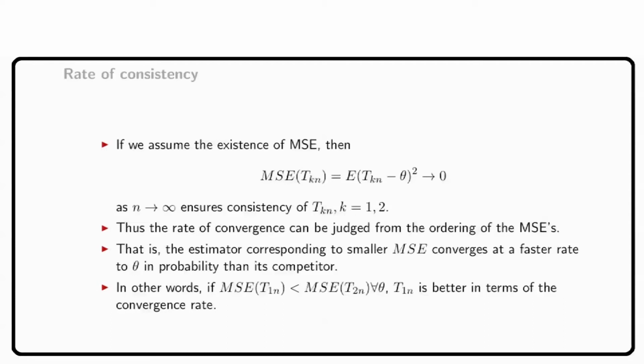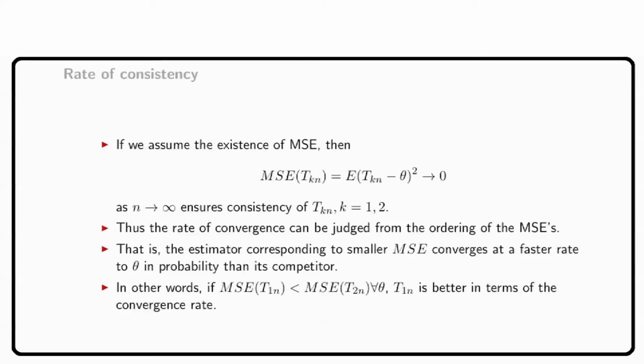However, if we assume the existence of MSE, then MSE of Tkn, equal to expected value of (Tkn minus theta) whole square, tends to 0 as n tends to infinity, which ensures consistency of Tkn for k equal to 1 and 2.